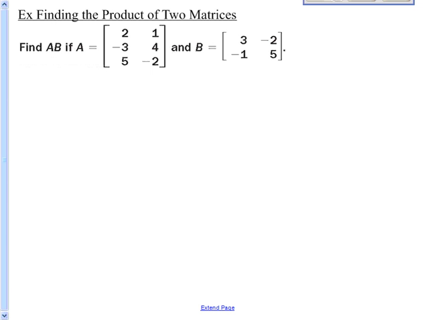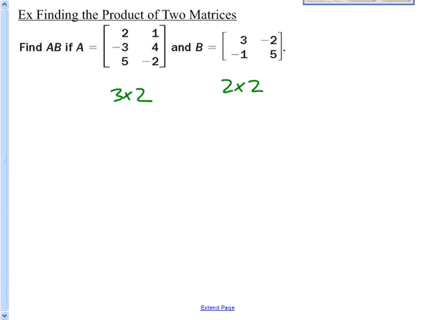So let's look at an example here and you'll see that. First of all, can you multiply matrix A times matrix B? We say, well, what are the dimensions of the first? Looks like 3 rows by 2 columns, so 3 by 2. And the next one looks like we have a 2 by 2.